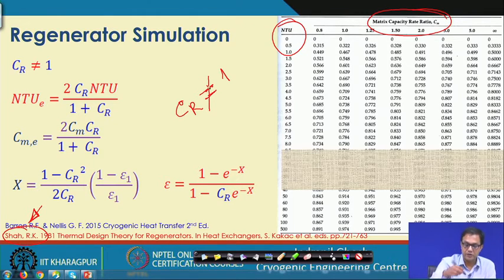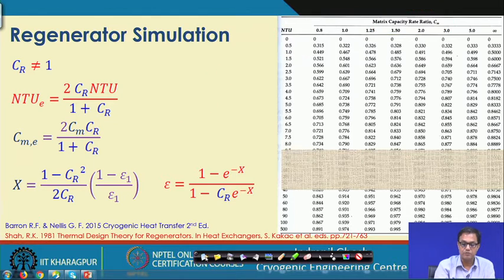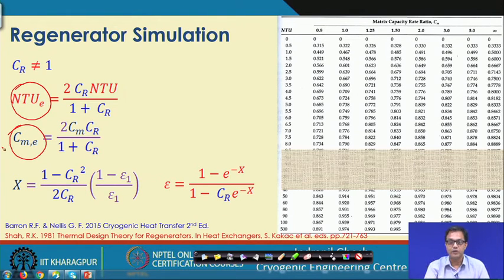Now, in the situation when CR is not equal to 1, if we have to make use of this particular chart, then we have to define some new parameters. One is the effective NTU and the effective CME, the matrix capacity rate ratio, which we have to redefine.